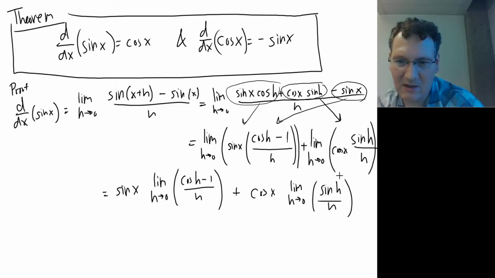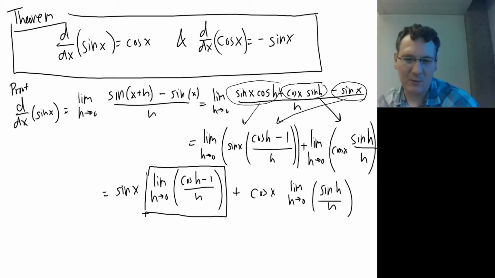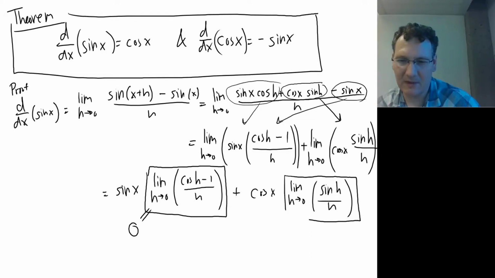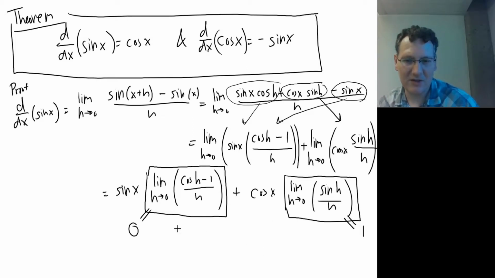We actually evaluated these limits earlier on. This limit here, the cosine one, we talked about it with theta, but it's still the same thing. This is equal to 0. And that limit is equal to 1. That probably looks a little more familiar, the sine of h over h. So what you get is just the cosine of x. That's the derivative of the sine of x.